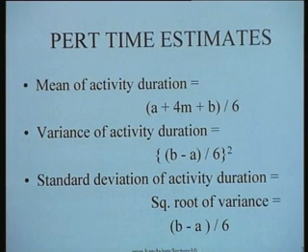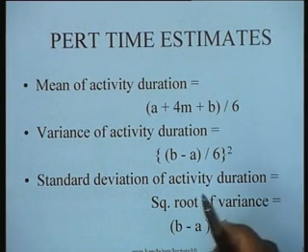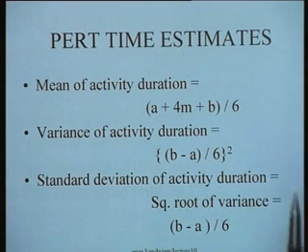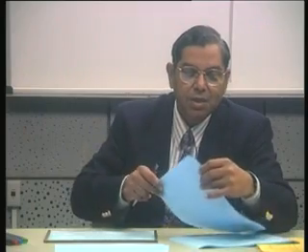In standard PERT analysis, the distribution assumed for the activity times is in fact a beta distribution, and the beta distribution looks something like this.